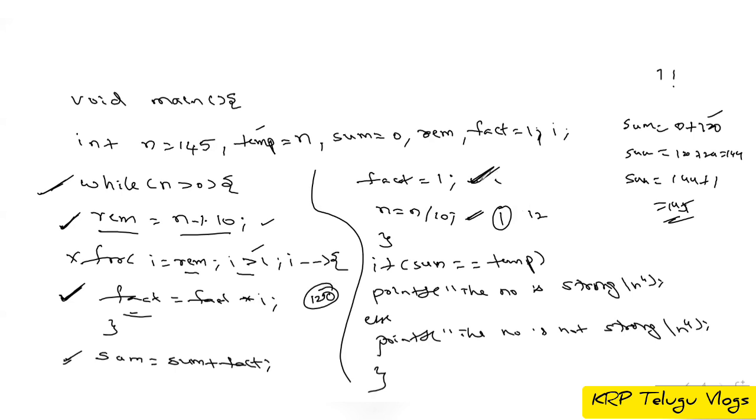So if you don't reset to 1, next time for 4 factorial, it will start from 120. 120 into 4, which is wrong, correct? Okay, sir. It should do 1 into 4. Instead, it will do 120 into 4 for 4 factorial. That's why we are resetting every time to 1. Hope you understood.